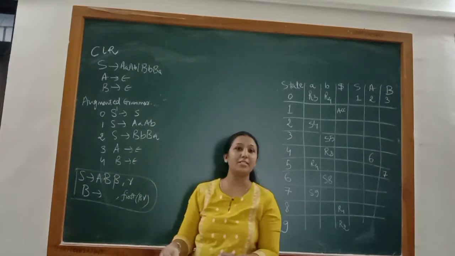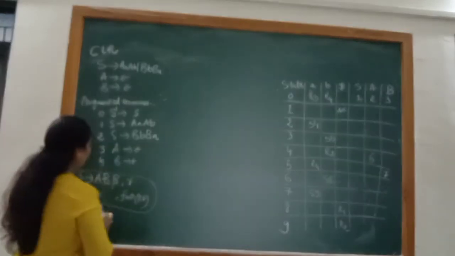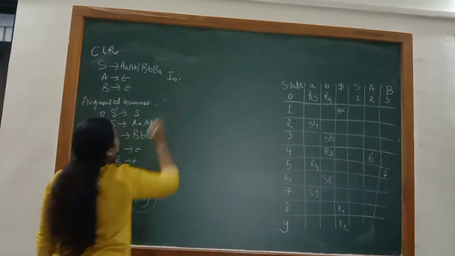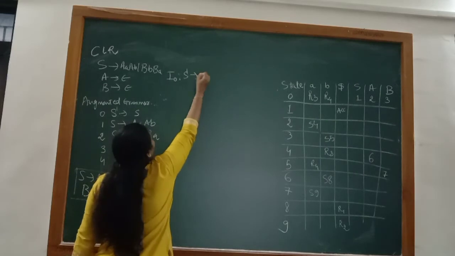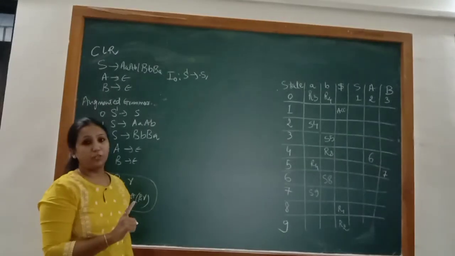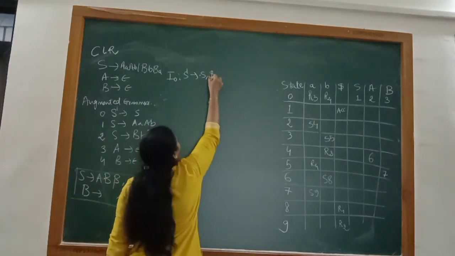Now I am interested in calculating the item set. The first item set I0 is S' to dot S. Because S' is now the starting symbol, the lookahead would be dollar.